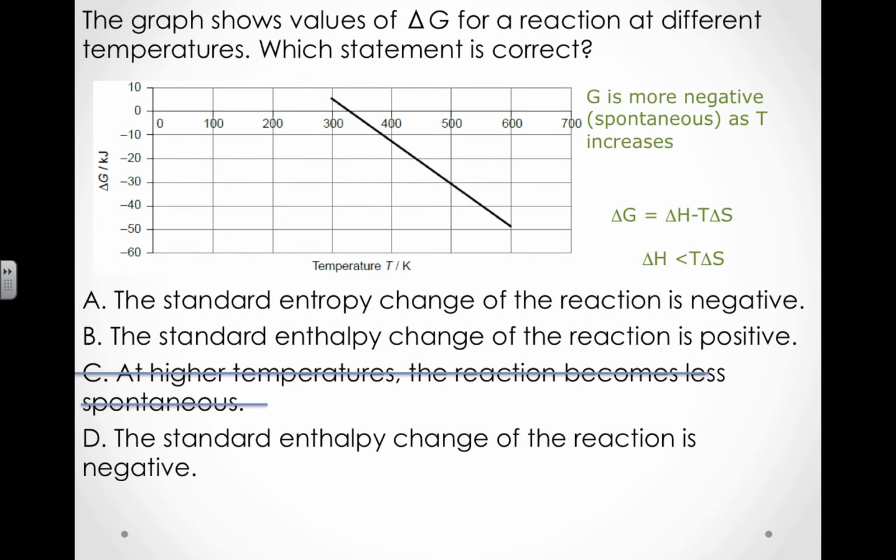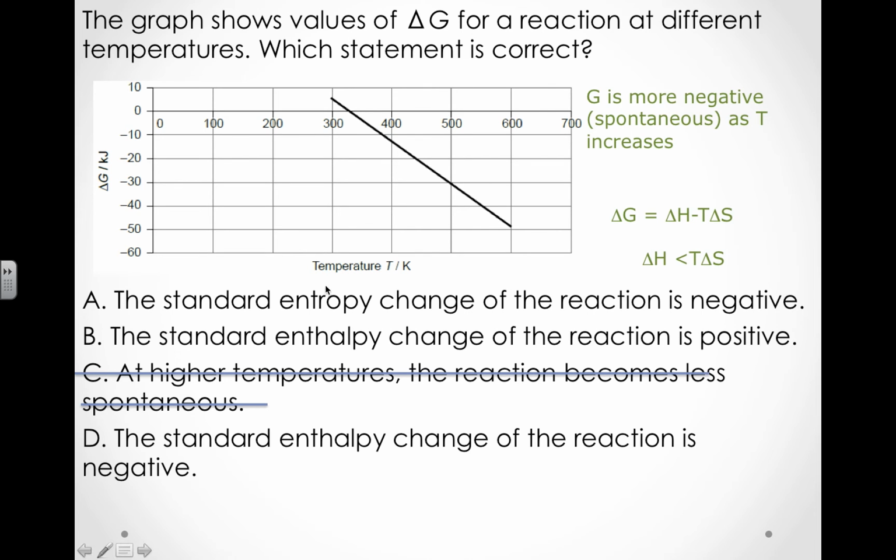So if the standard entropy change of the reaction is negative, that would be really difficult for the T delta S term to be larger than delta H. We'd have to have a very large negative delta H. Okay, so maybe. Okay, the standard enthalpy change of the reaction is positive.